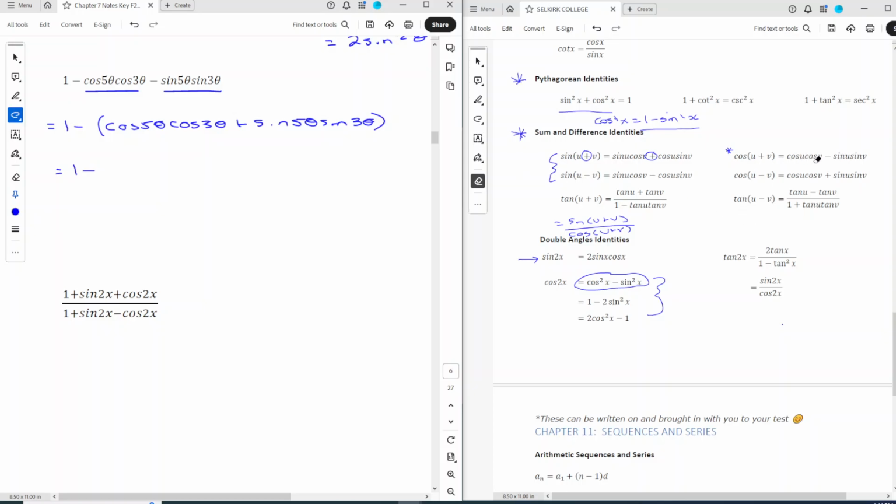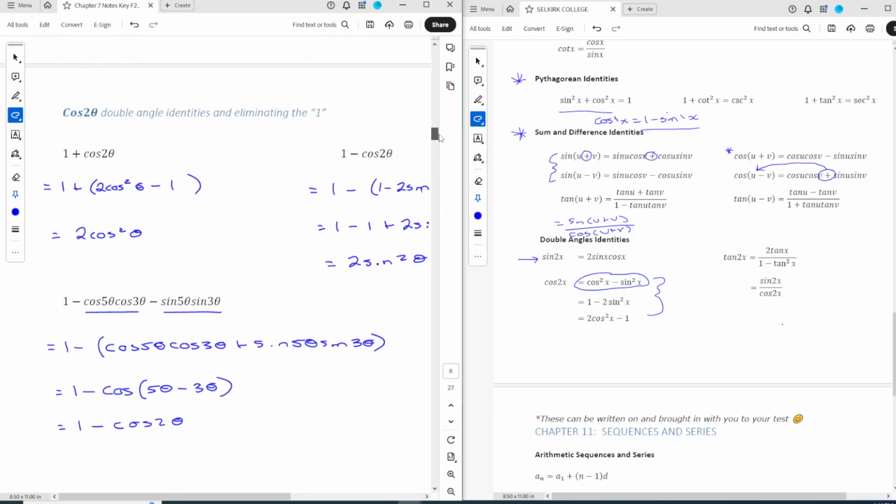Well, I know it goes cos cos sine sine, so I'm going to be replacing it with one of these sum and difference identities. Now, because I have the plus, that means I'm going to choose the difference identity. So I'm going to replace this with cos of the first angle minus the second angle. So I'm left with 1 minus the cos of 2 theta. Then we're up to here, right?